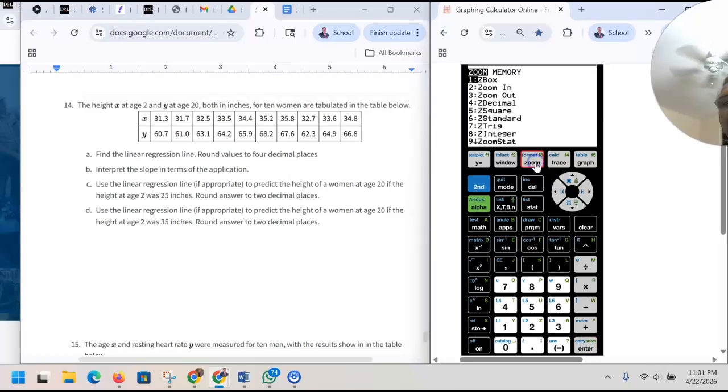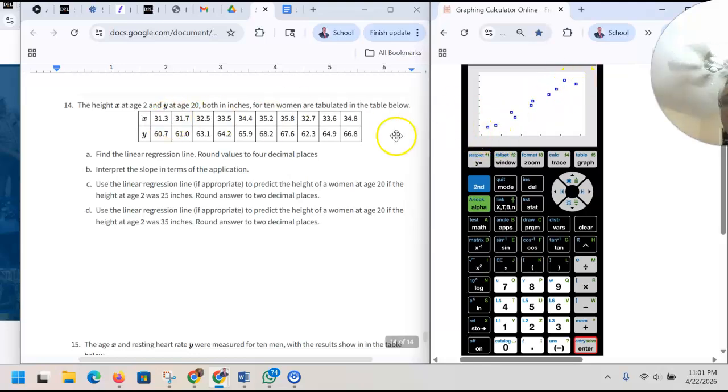And make sure you zoom in to the stat, because you have to go all the way down to 9. And see, there's a strong correlation. What that means is the height at the age of 20 increases, so there is a strong correlation from 2 years to 20 years. See how nicely it shows.